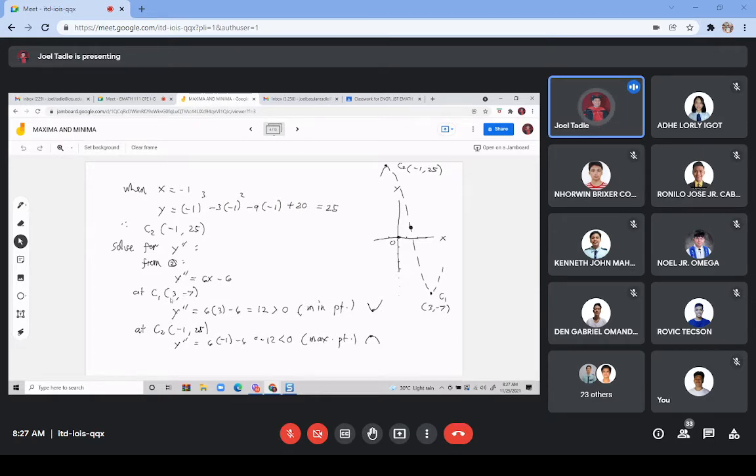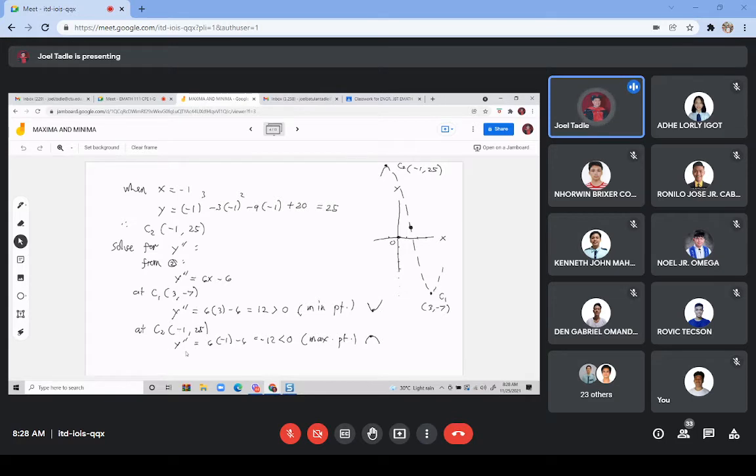Ato na yung i-substitute ang 3 for x. So, our y double prime is positive 12. Positive 12 is greater than 0. So, kung greater than 0 gani ang y double prime, it means minimum point. The curve is concave upward, minimum.